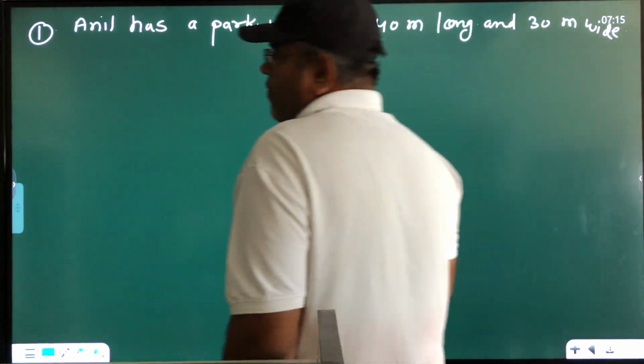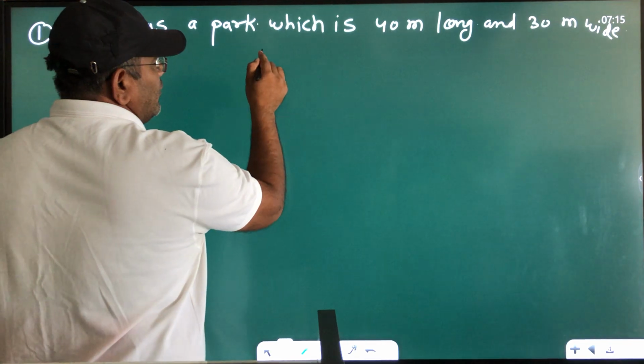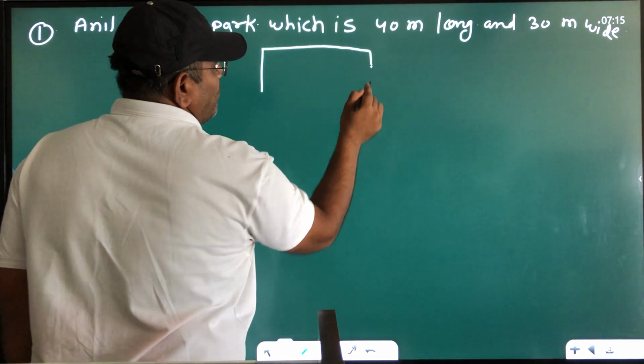Do you understand? Anil has a park. That's a park. I think this is the park.